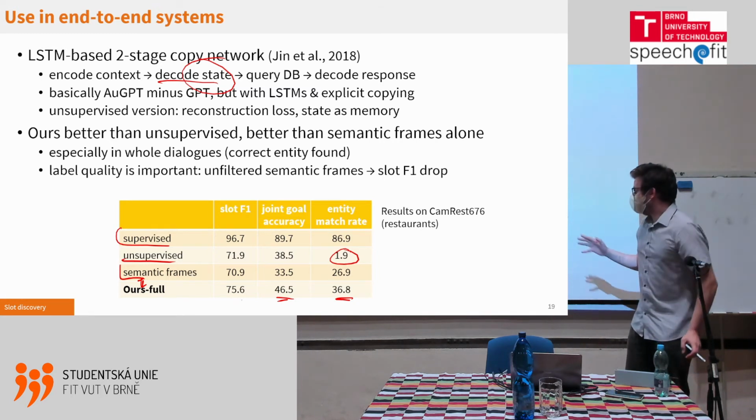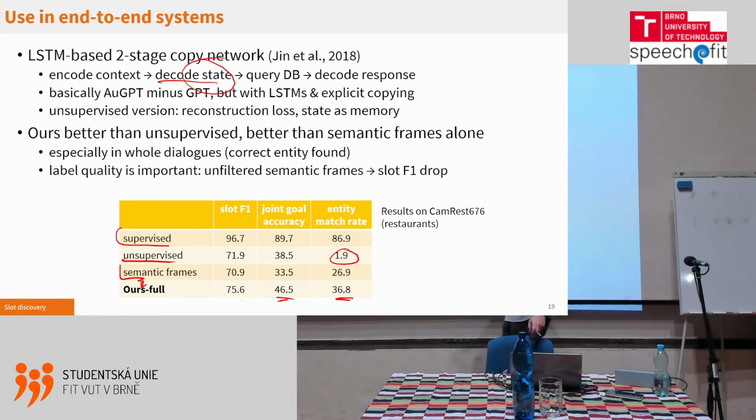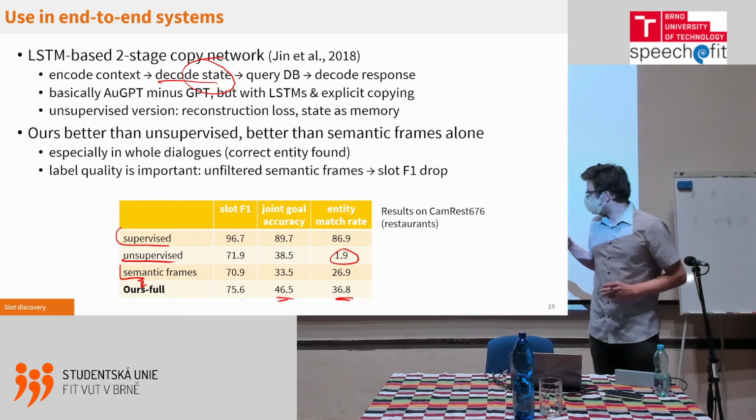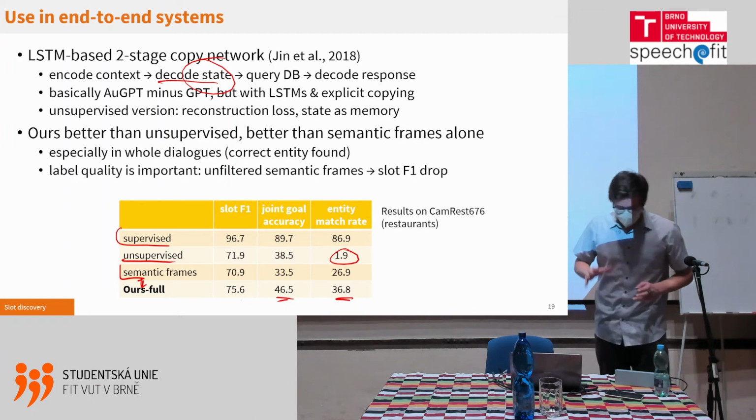And there's one more point. The label quality is important because here you actually see that for detecting the correct slots, you're losing by just using the semantic frames without any processing or refinement. So I'd say this was a partial success.